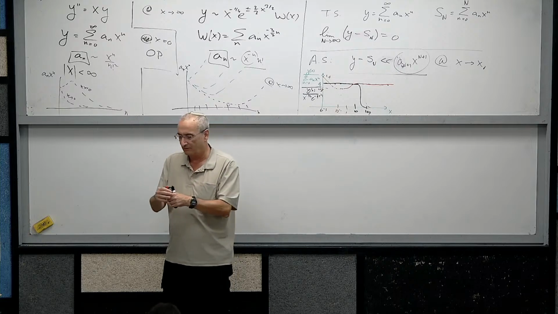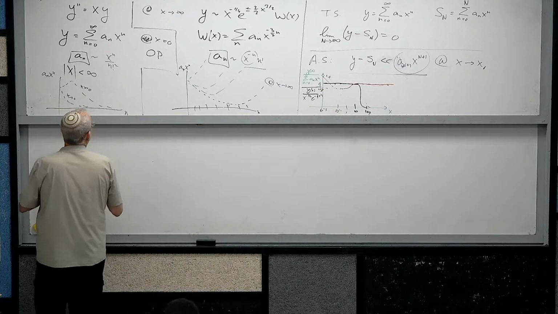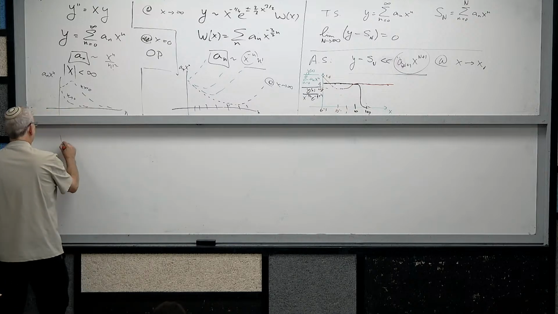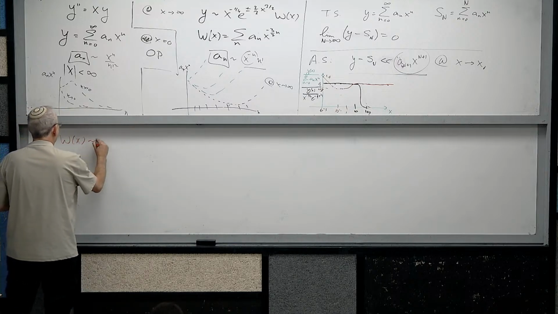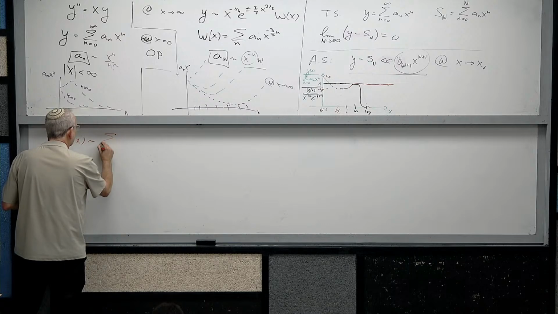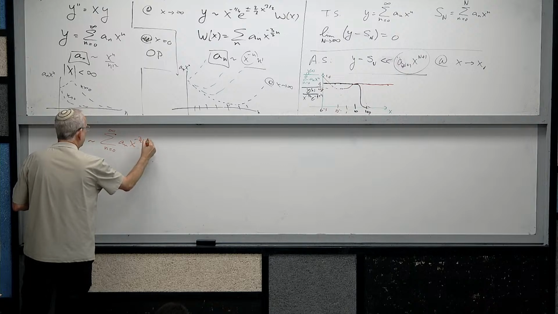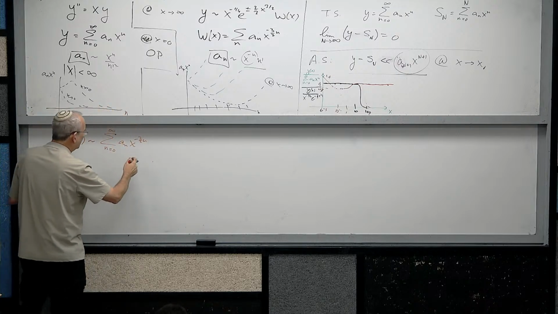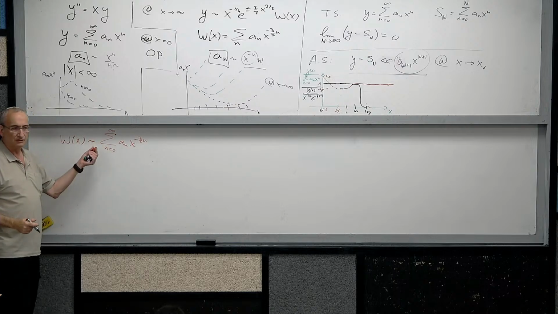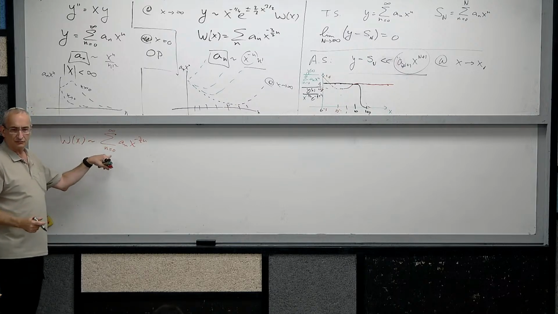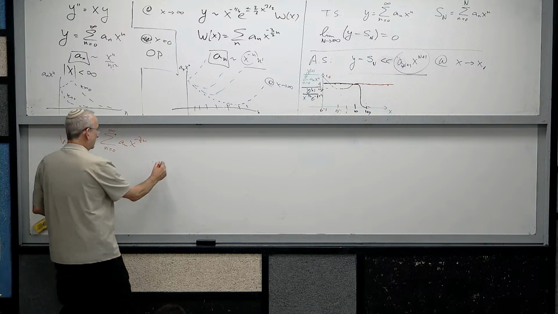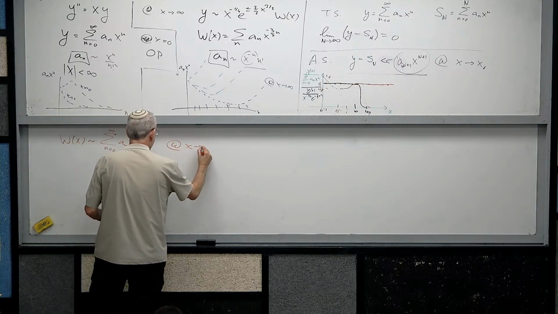Now, what about asymptotic series? If I'm saying that w of x is asymptotic to what I wrote, the sum over n from 0 to infinity of a n times x to the minus 3/2 n, this was the asymptotic series that we expand as x goes to infinity.